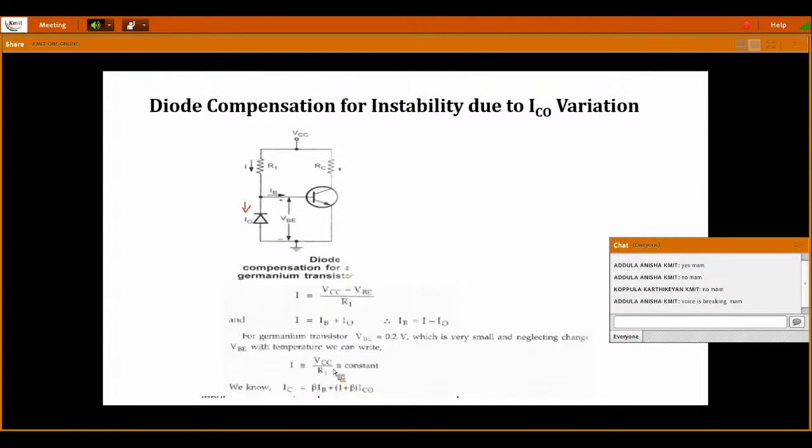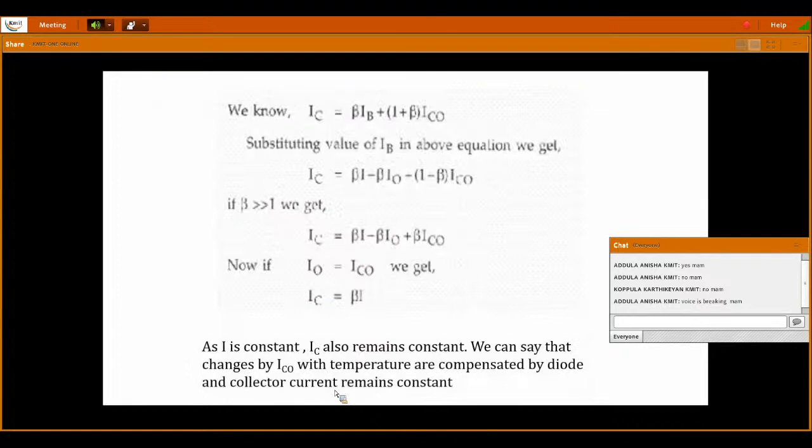VCC is a fixed DC voltage and R1 is a fixed resistor connected with the voltage divider network, which is constant. Hence when I is equal to VCC by R1, the collector current is equal to beta IB plus 1 plus beta ICO. I am replacing this IB with I minus I naught.